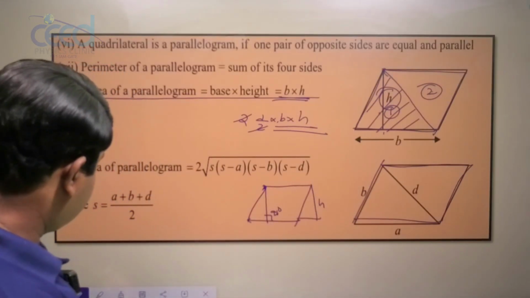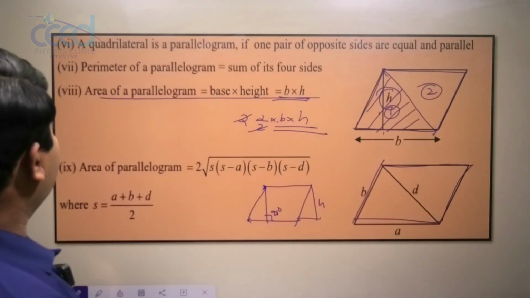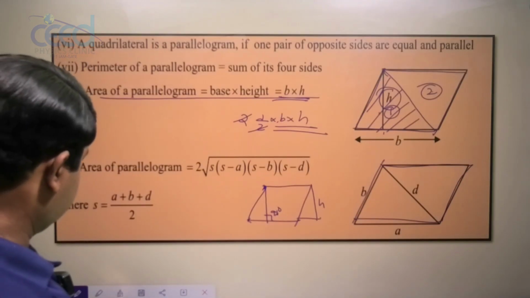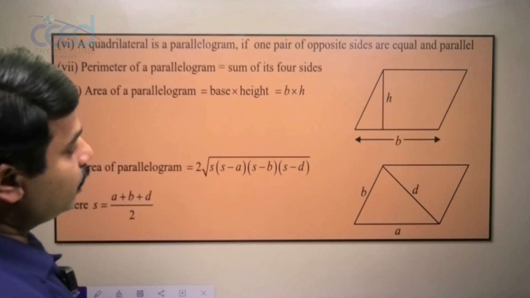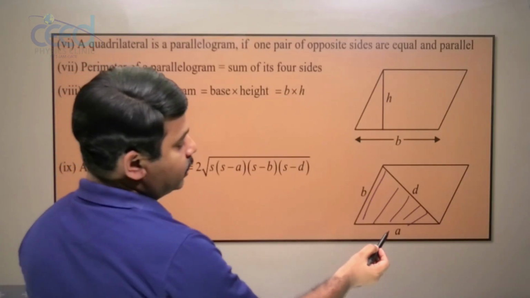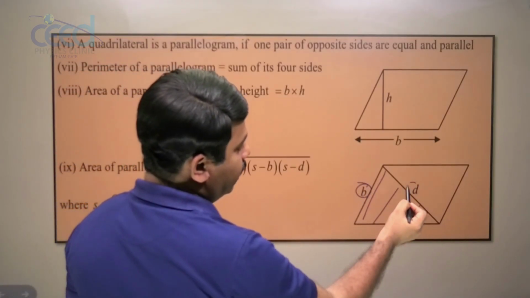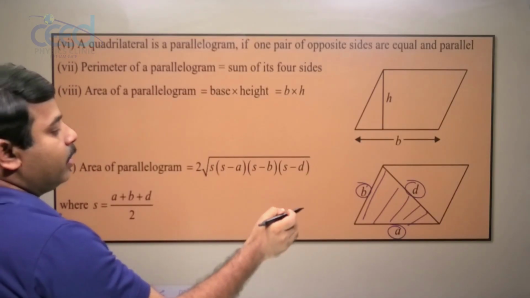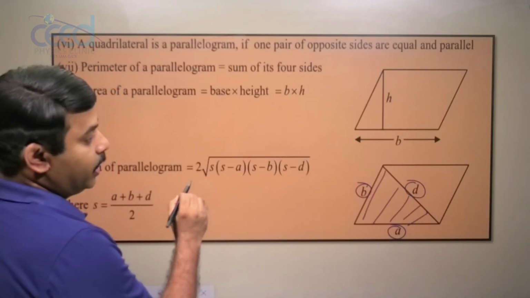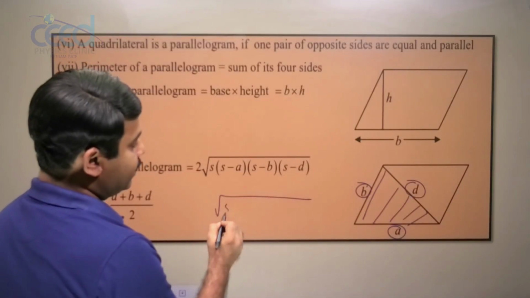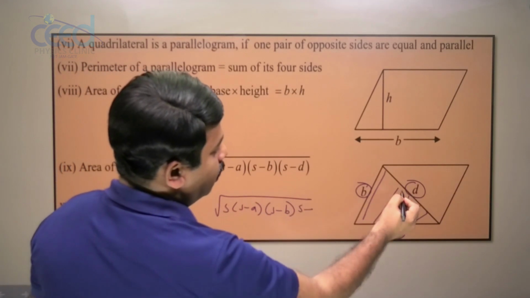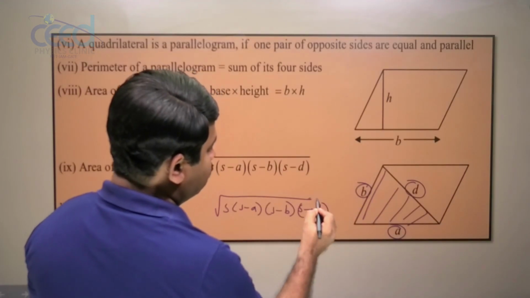Now the area of the parallelogram using side lengths. Look here, consider this triangle. This side is A, this side is B, and the diagonal length is D. Now for a triangle with three different sides, what have we studied? The triangle area is the square root of S into S minus A into S minus B into S minus D. What is S?